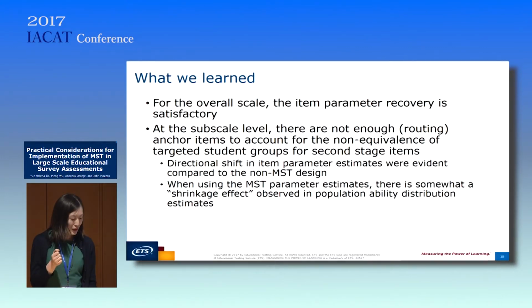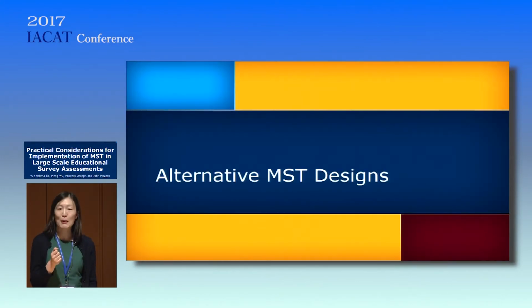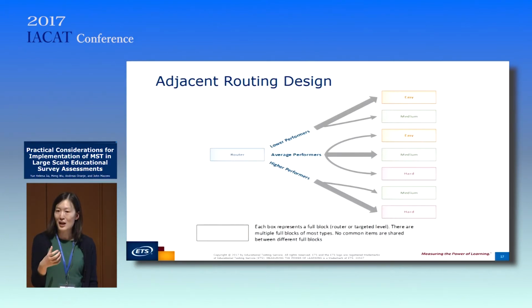So I'll just quickly go through a couple of alternative designs we tried. The effort here is to increase the ability range for the pool of the targeted items. For example, the easy items we now gave not just to the low performing students, but to some of the medium performing students as well.